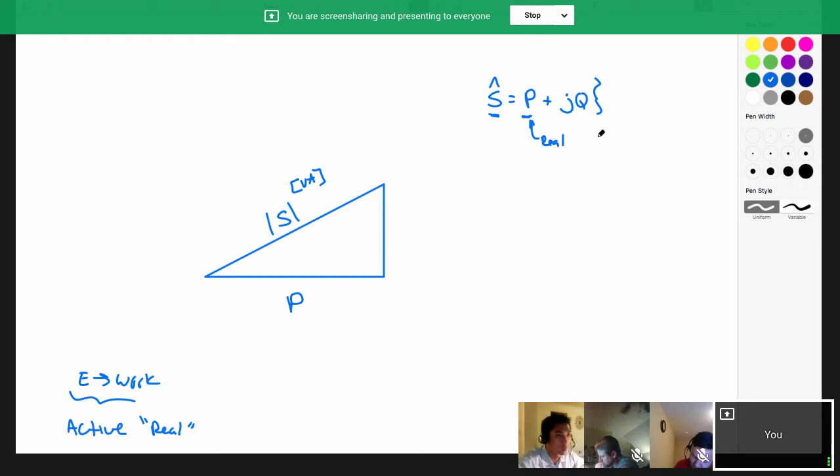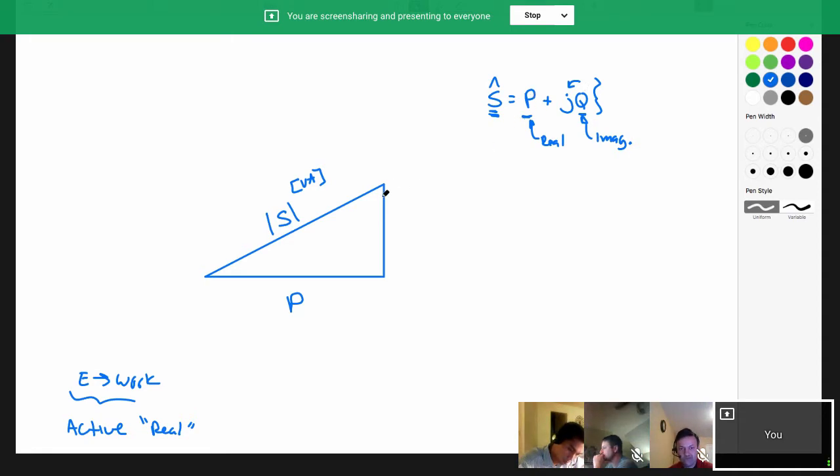Just like we call reactive power imaginary power because it's the imaginary component of S. In other words, imaginary because it's being multiplied by j, and real because it's not.